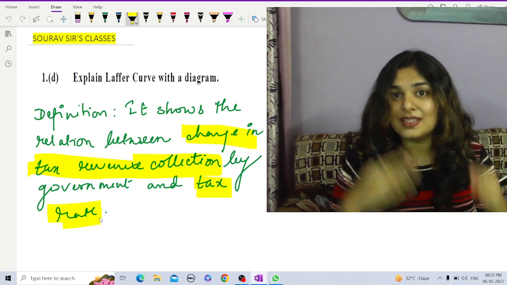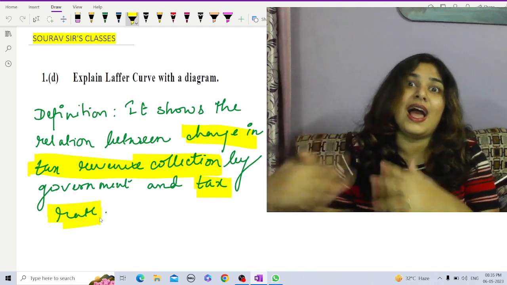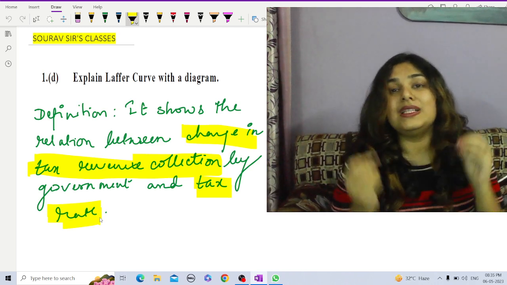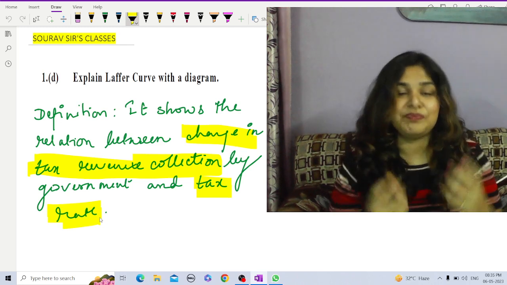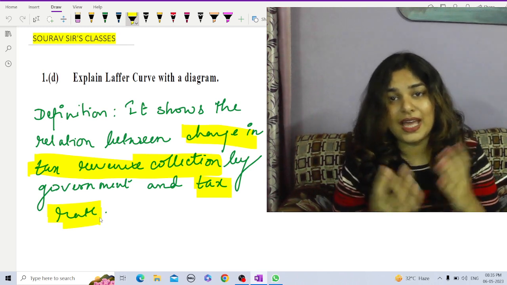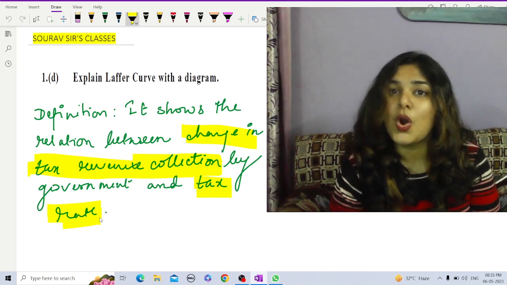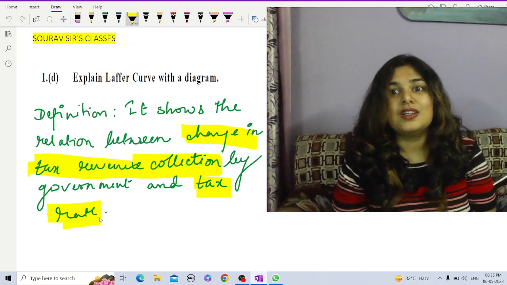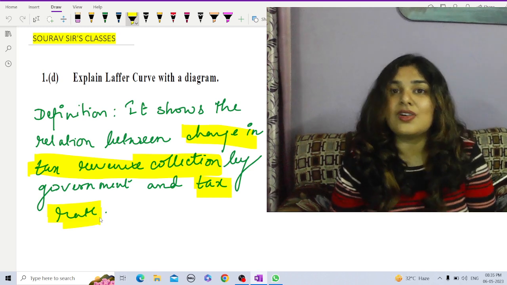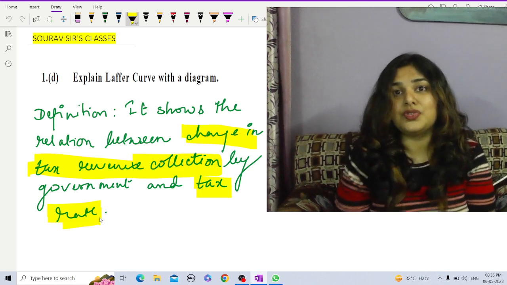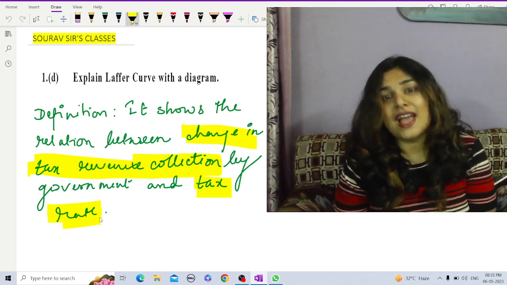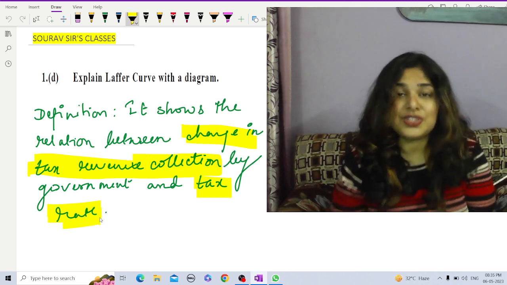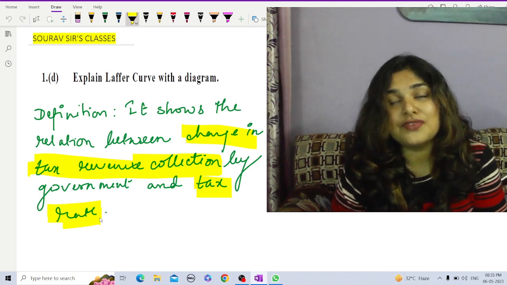But as the tax rate increases more and more, people's incentive to work will fall, and as a result income earned will be lowered, and so the tax collection will also fall. So when your tax rate is almost 100%, nobody will want to work because all the income earned will be taxed out, and in that case tax revenue collection will be zero. So that is why the Laffer curve is inverted U-shape.